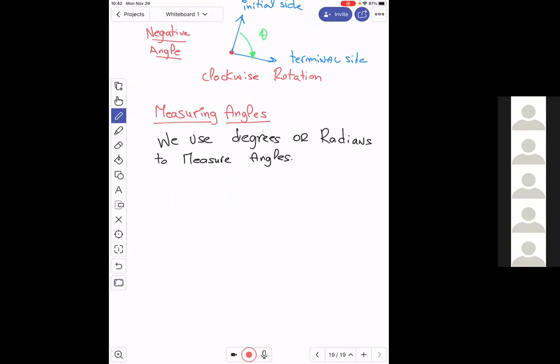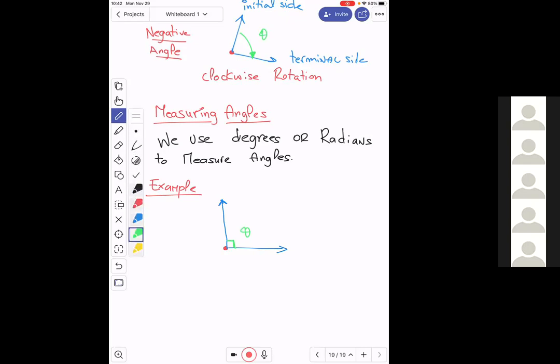So for example, let's have a right angle. This is a right angle, and the angle theta is this one here.